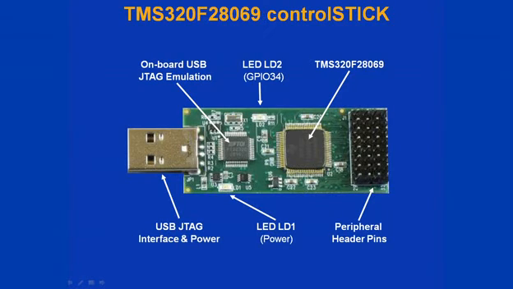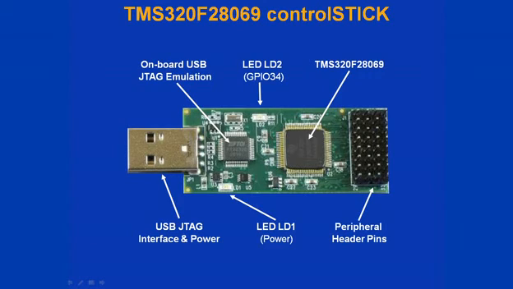The development tool for this workshop will be the TMS320F28069 control stick kit. This control stick is a self-contained system that plugs into a free USB port on your computer. The USB port provides power as well as communicates to the onboard JTAG emulation controller.